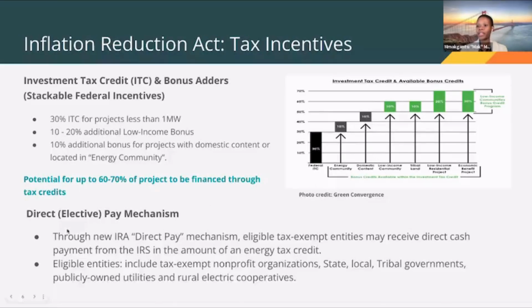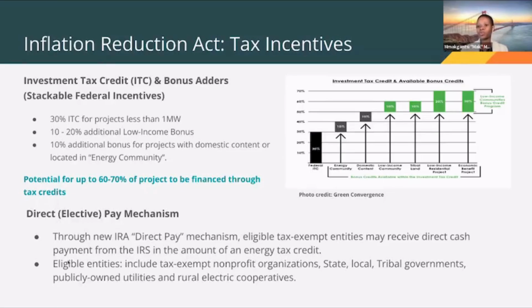And then also just quickly touching on the fact that there's also a new mechanism through which folks can now access the investment tax credit through the direct pay mechanism, where certain eligible entities, tax exempt nonprofits, as well as state and local and tribal governments, can now get a check from the IRS directly.